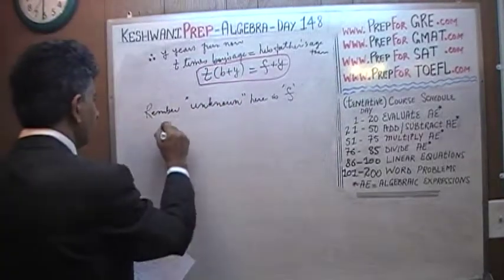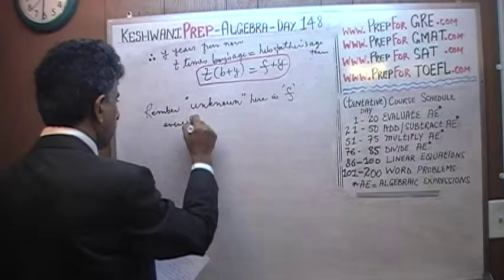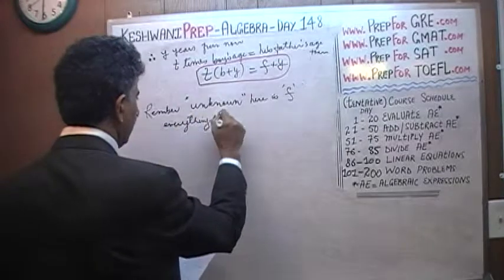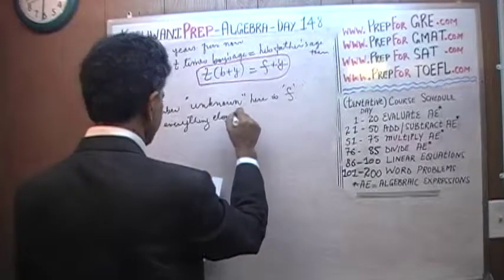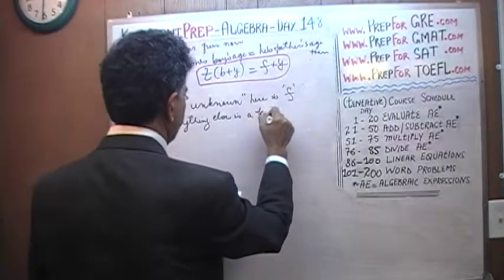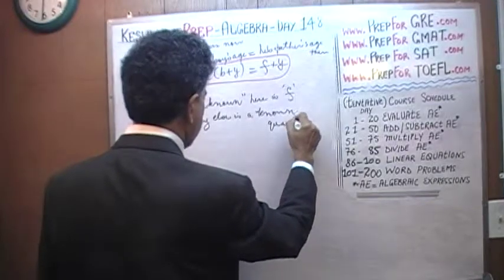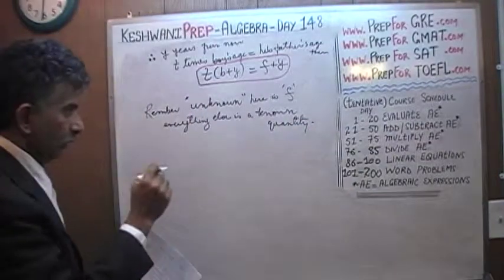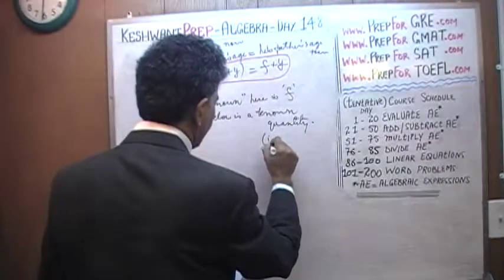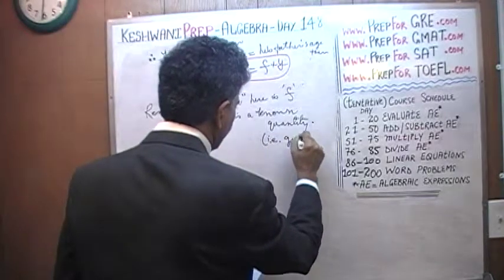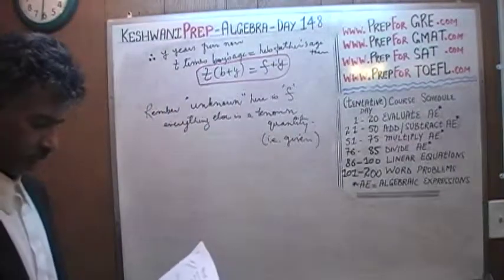Everything else is a known quantity. Known quantity means, i.e., given. That is, it is given to us.